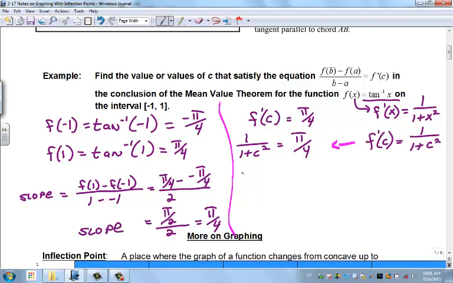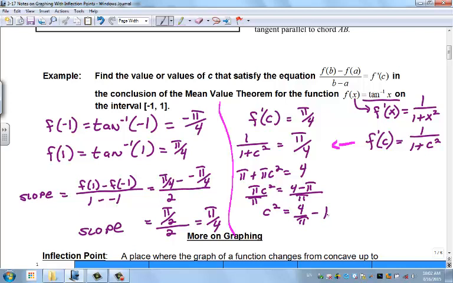You cross multiply and you get pi plus pi c squared is equal to 4. Pi c squared is equal to 4 minus pi, and then divide both sides by pi, and you get c squared is equal to 4 over pi minus 1.